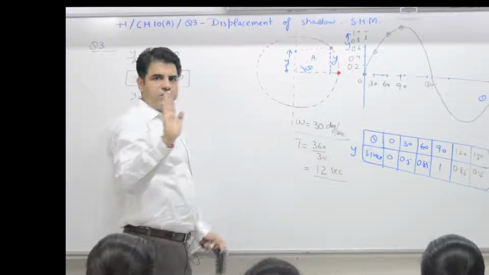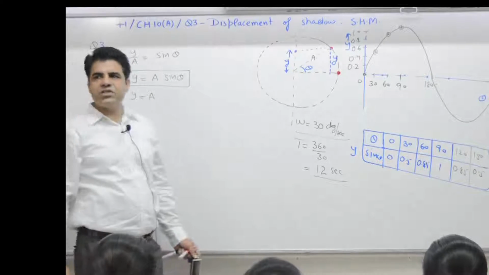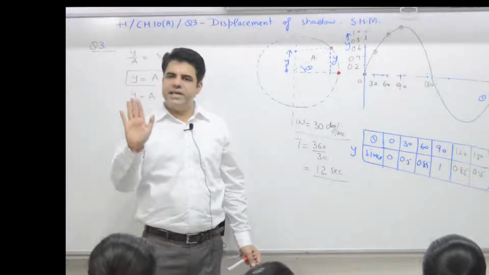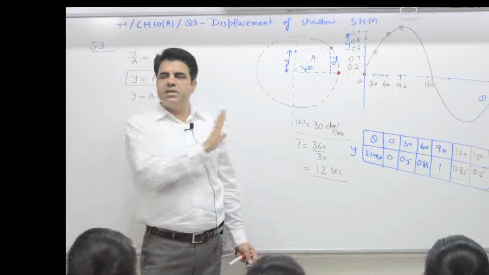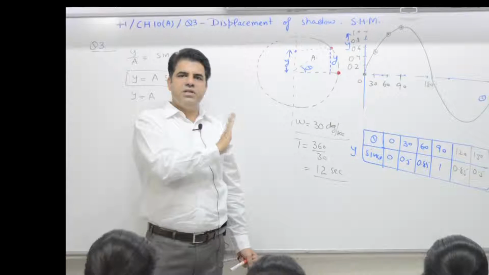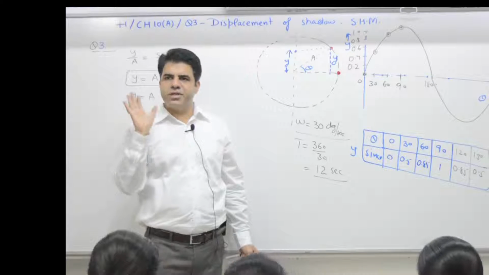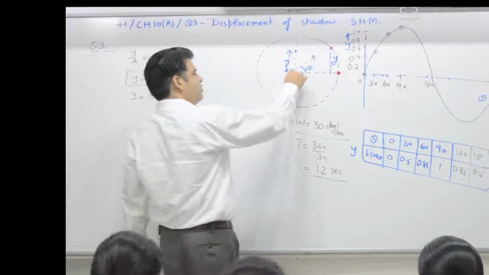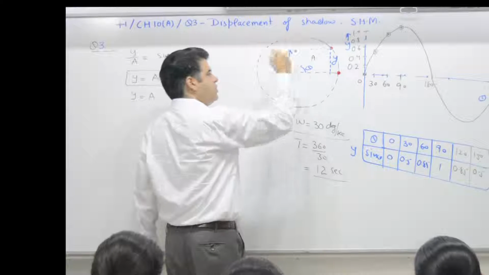We will prove that acceleration will come out to be equal to minus a constant times displacement. In case this condition is satisfied, then you will say it is SHM. Temporarily, believe me, that it will come out to be this: acceleration is equal to minus a constant times displacement. Once you prove that, you will say that the shadow is what? Now analyze the shadow. t is equal to 0.